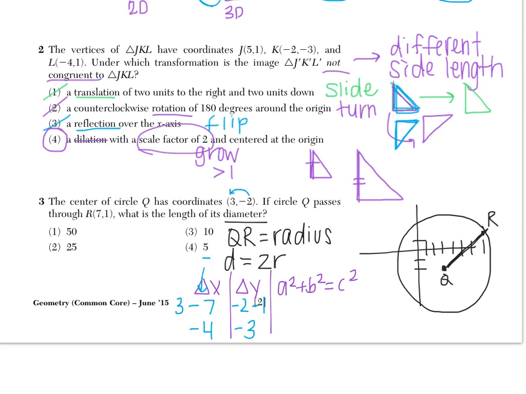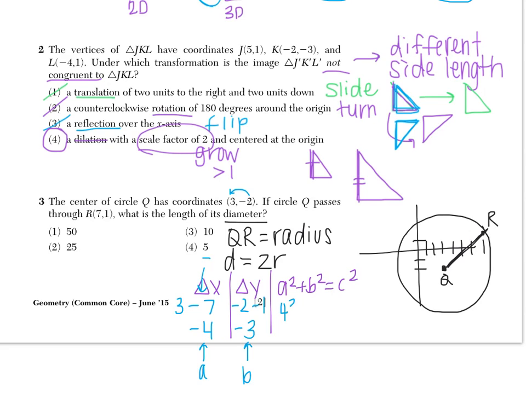When we plug into the Pythagorean theorem, the change in x is going to go in for a, the change in y is going to go in for b, and our goal is to solve for c. Because we plug into a squared function, I can ignore the negatives.